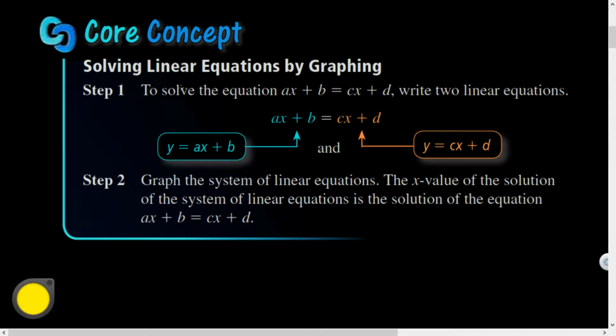To solve an equation when you only have x's, what we're going to do is write it as two separate linear equations. I'm going to take the left side and say y equals that, and the right side and say y equals that. I will then graph both of them and solve. However, I'll only be interested in the x value of the solution.